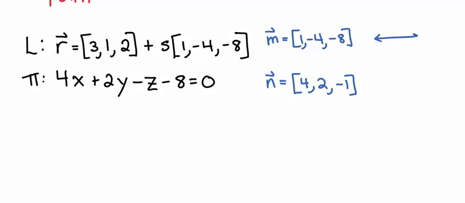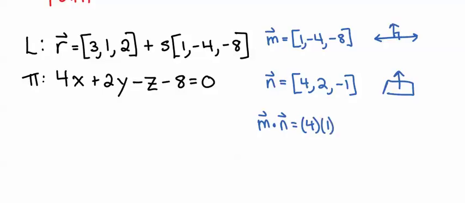If the line is parallel to or lies on the plane, then those two vectors are going to be at 90 degrees to each other. So we could just do the dot product between them, and if the dot product equals 0, then we know they are perpendicular to each other. Okay, so let's just do that.